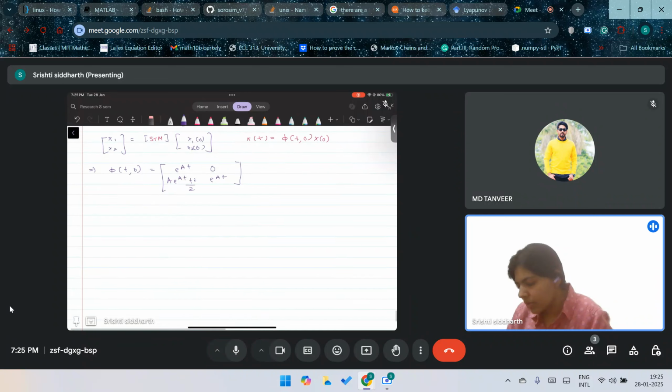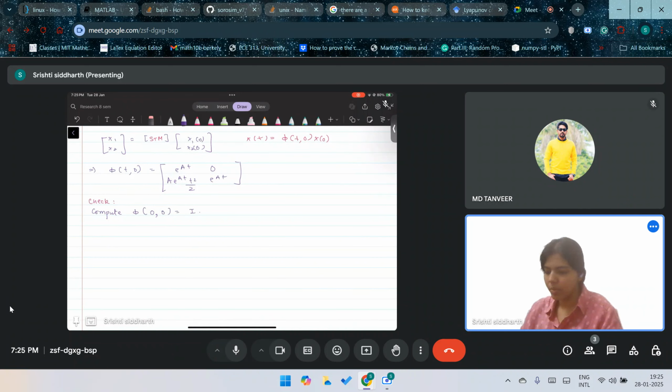And there is also a check which you can perform, just to check if you have calculated the state transition matrix correctly. At time 0 it should be identity, because at time 0 we are exactly at the initial condition. So x of t is actually phi t comma 0 x0.